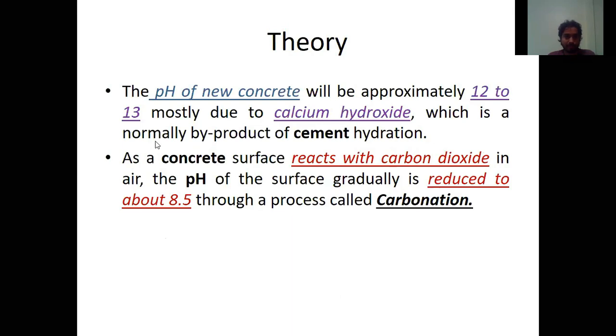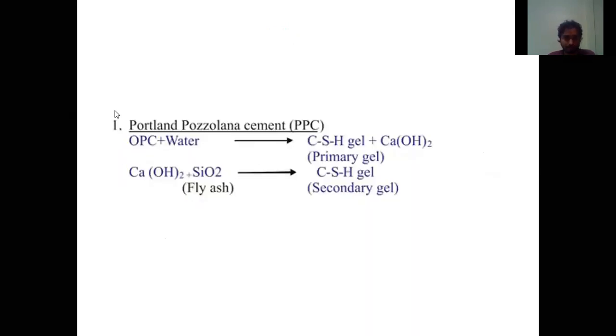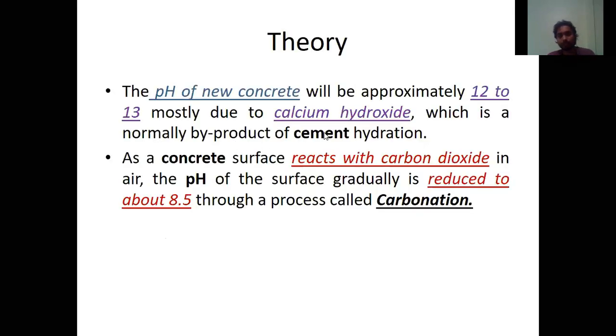Calcium hydroxide is normally the byproduct of cement hydration. So whatever reaction we have seen is nothing but cement hydration. Next, as a concrete surface reacts with carbon dioxide in air, the pH of the surface gradually reduces to about 8.5, through a process called carbonation.